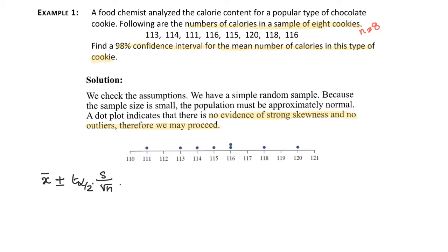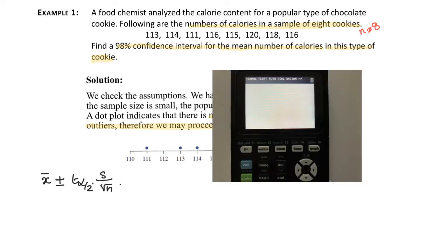So we need to find the mean and standard deviation. I am going to use the calculator to find the mean and standard deviation. So press stat, edit, and enter these values: 113, 114, 111, 116, 115, 120, 118, 116.